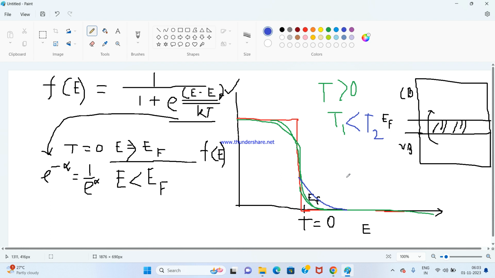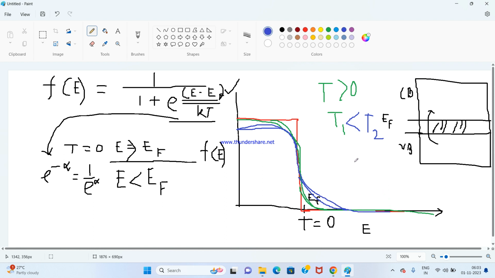Similarly, in the opposite case, if E less than EF, then what will happen? This term will decrease, because here a negative sign is there, E less than EF. So that means it will further reduce like this. Okay. So now the function is like this.